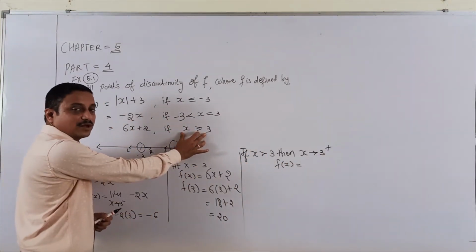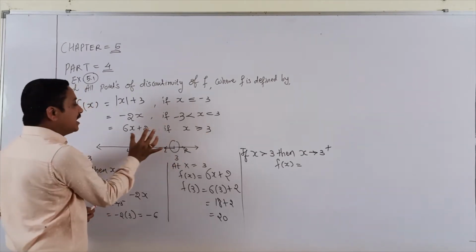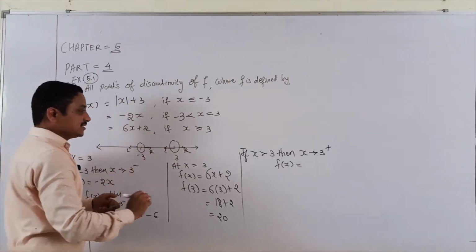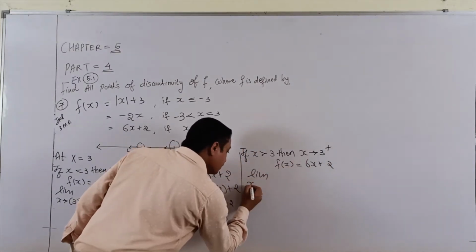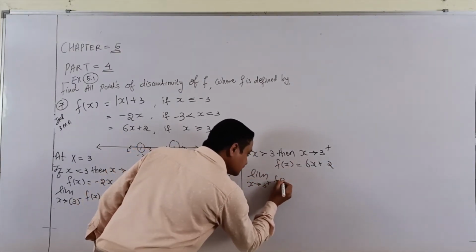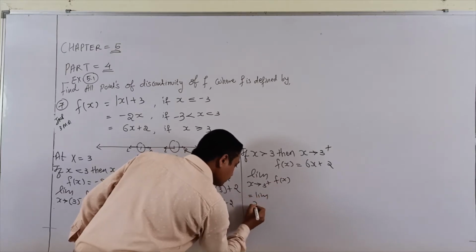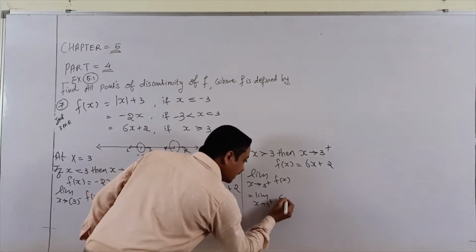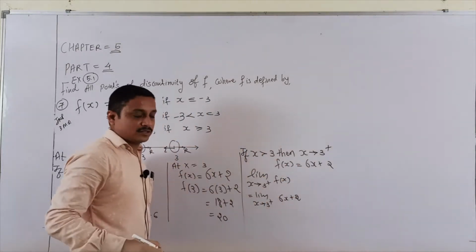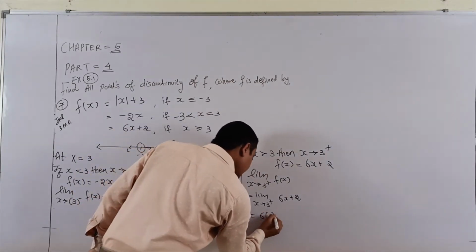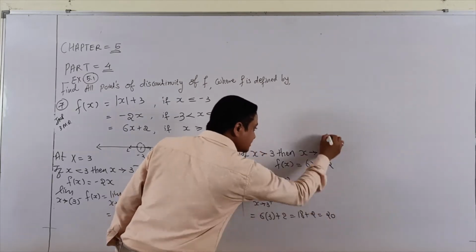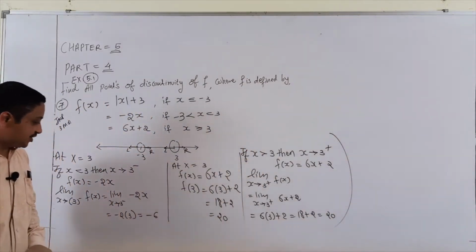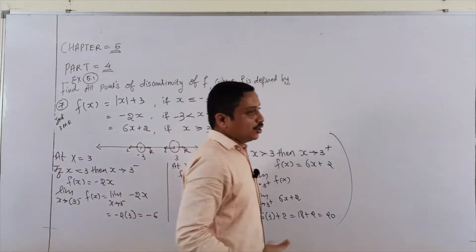Yes, this one, because here greater than or equal to 3, I want more than 3, 6x plus 2. So finally, limit x tends to 3 plus, the same applies, 6x plus 2. So 6 into 3 plus 2, 18 plus 2, yes, it is 20.